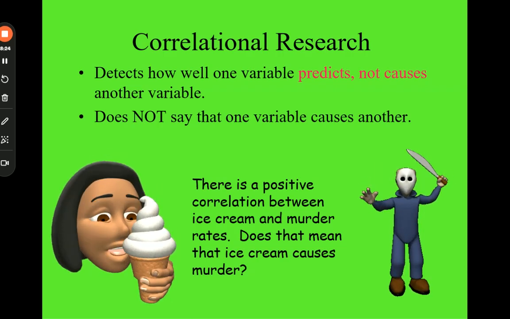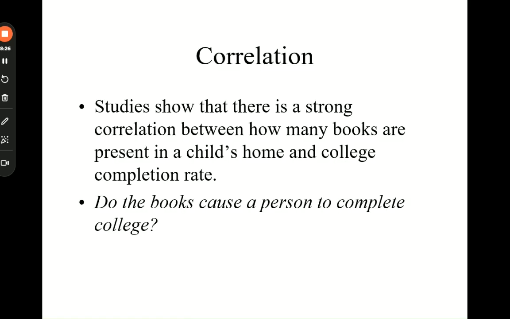Moving right along. So here's an example of a correlation. Studies show that there is a strong correlation between how many books are present in a child's home and college completion rate. Does that mean that the books cause a person to complete college?